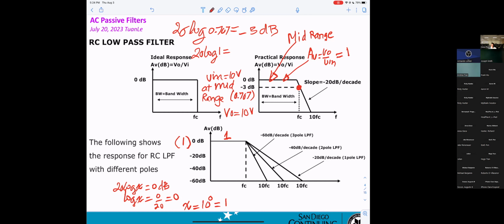However, at the minus 3 dB point here, V out equals 0.707 times 10. That tells you V out equals 7.07 volts.